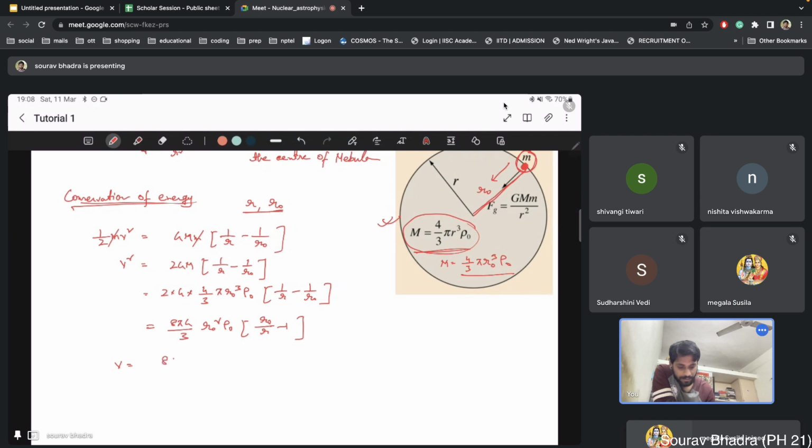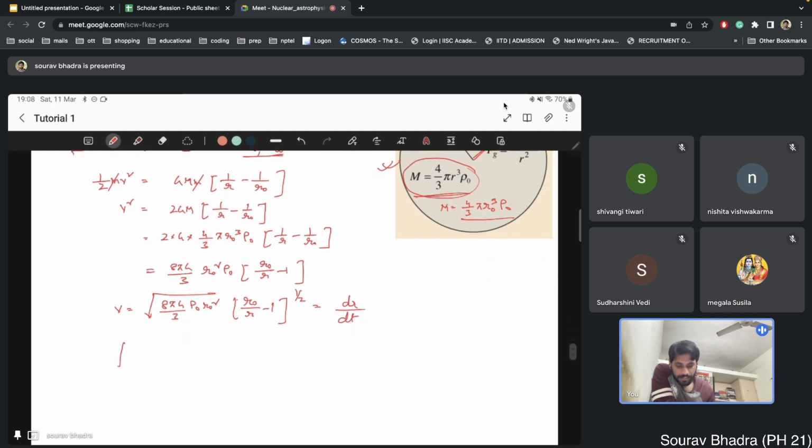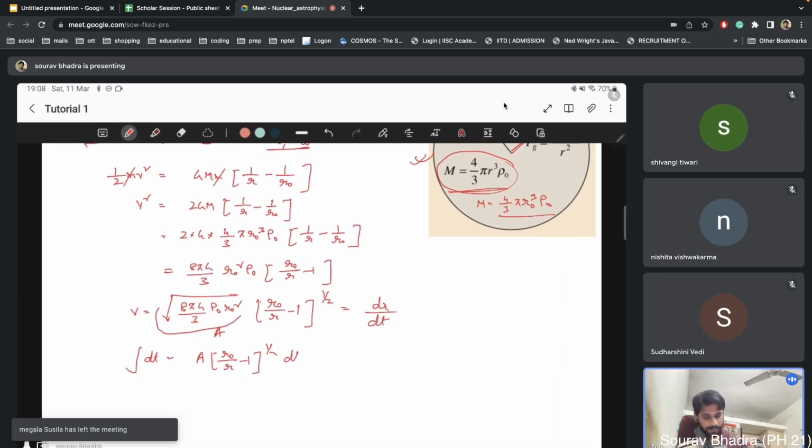You write it this way: 8 by G rho 0 r square root over r0 by r minus 1, to the power half, and this is v, that means dr dt. Just do the integration, dt is, let us write it as capital A, r0 by r minus 1 to the power half dr.